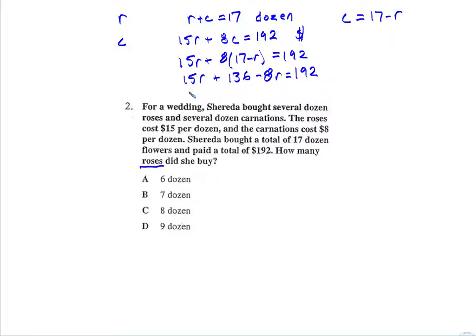All right, so from here, I'm going to 15r minus 8r, and that's going to be my 7r. And then I'm going to subtract 136 from both sides, and I will get, what is that going to be, 56? That seems about right. And then you get r is equal to 8 after you divide both sides by 7. And there it is, roses equals 8 dozen.